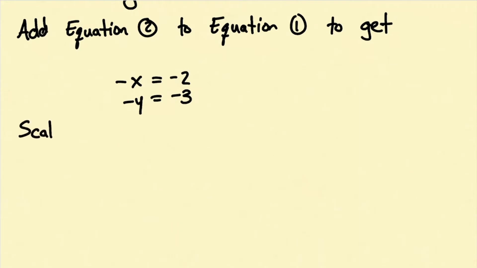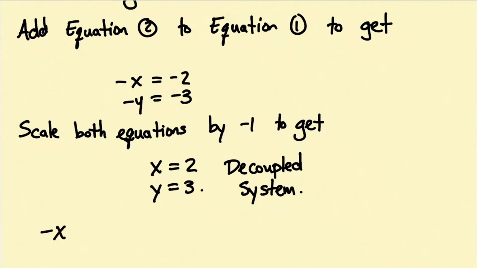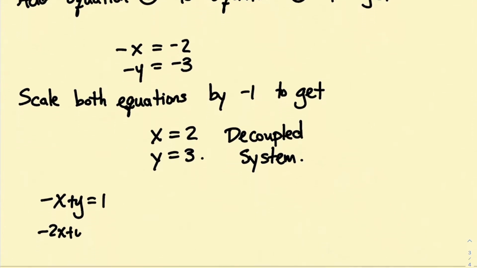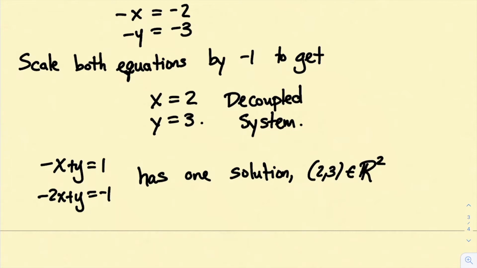Now finally, I'm going to scale both of my equations by negative 1. Now we have what's called a decoupled system. The system that we started with, negative x plus y equals 1 and negative 2x plus y equals minus 1, has exactly one solution, and that solution is the point in R2, (2, 3).